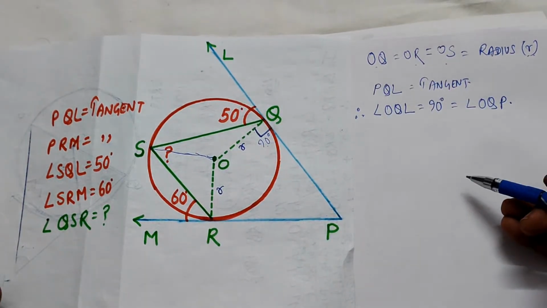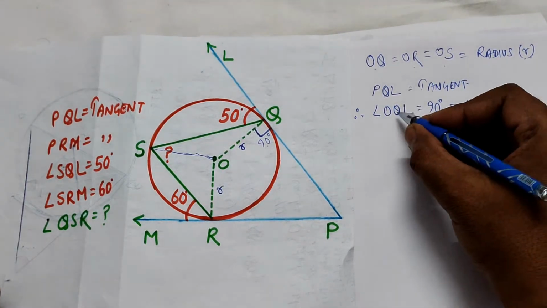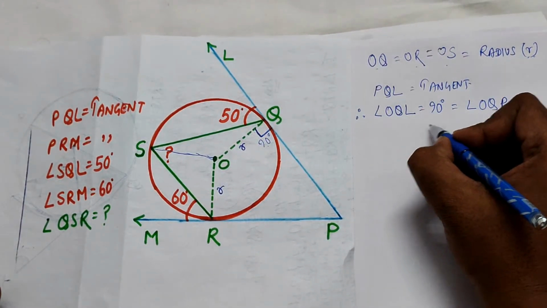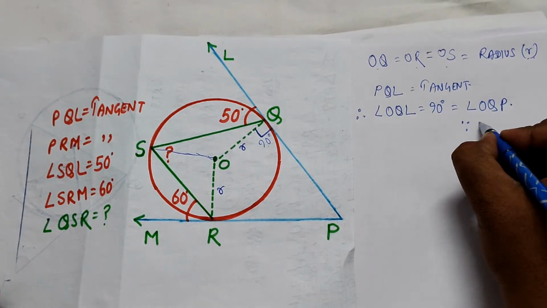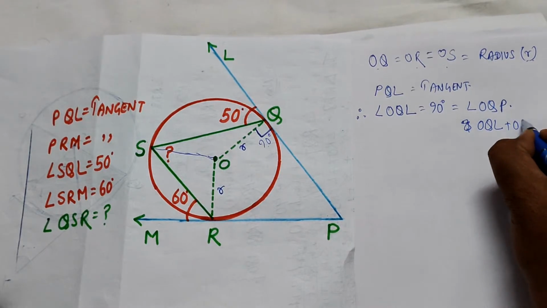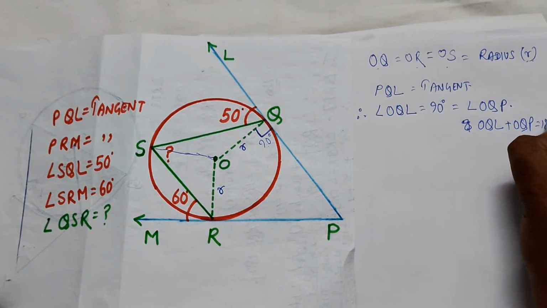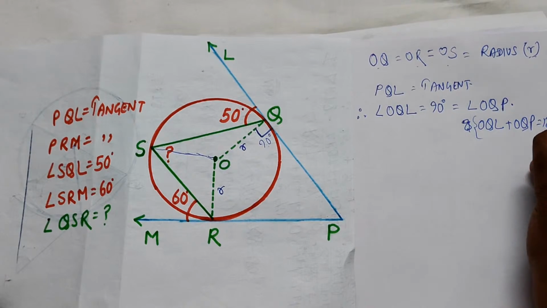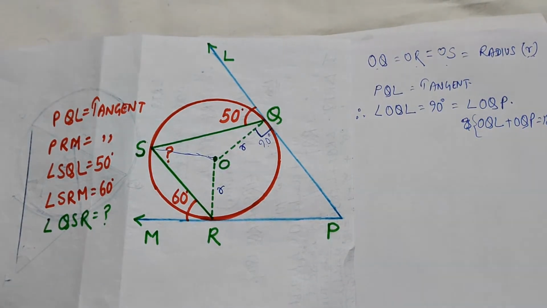Now OQL, I'm just writing it over here, since OQL plus OQP is equal to 180 degrees, right?